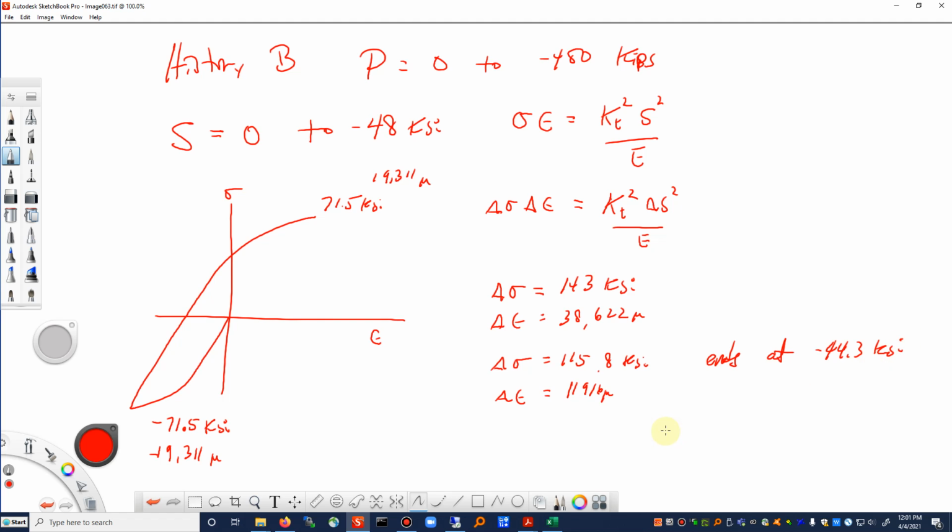And let's see, I'm at 19,311 microstrain. I'm going to take away 11,916 microstrain. I end up at 7395 microstrain. All right, so I'm a little on the compressive side of the stress, but I'm still a little positive on the strain.